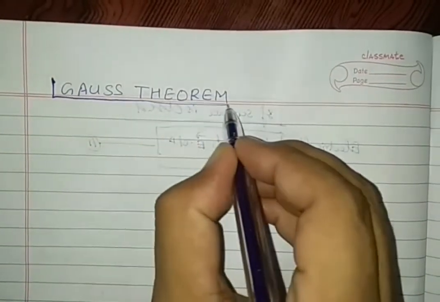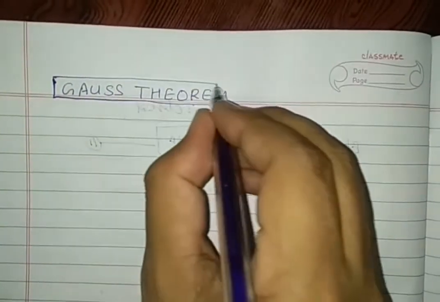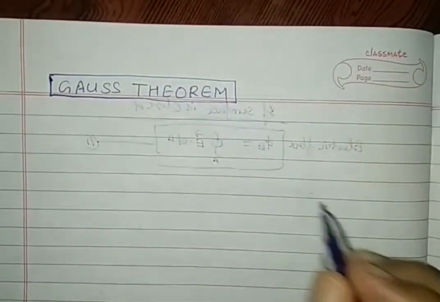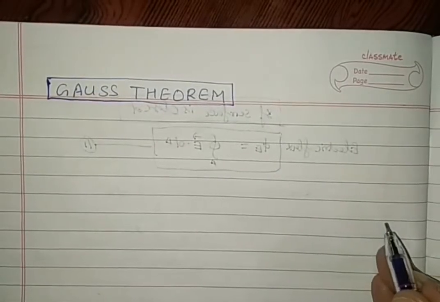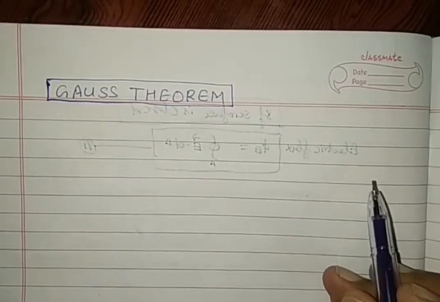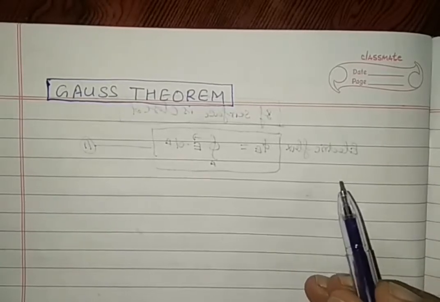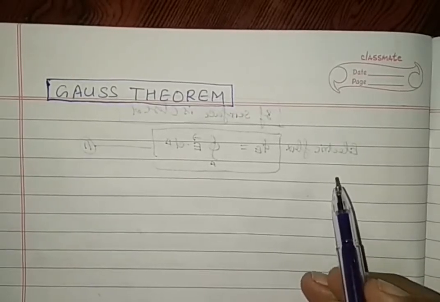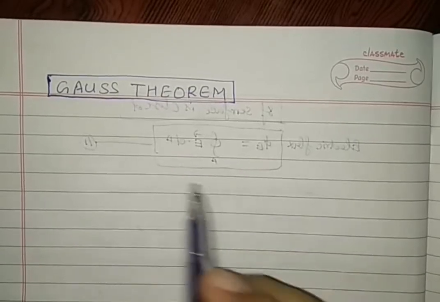Gauss theorem. Gauss theorem has a great role in the electromagnetic theory. It is the first fundamental law of the Maxwell equation.